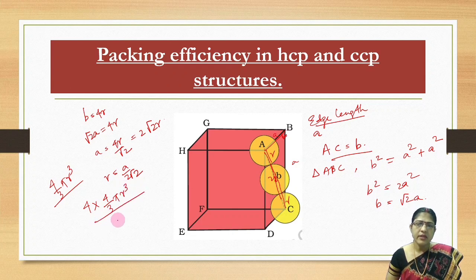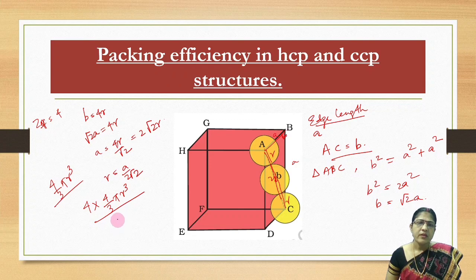Then how can we calculate packing efficiency? Packing efficiency is the volume occupied by these 4 spheres, because in FCC Z effective is equal to 4 and atoms are spherical. So these 4 spheres occupy 4 into 4 by 3 pi r cube.